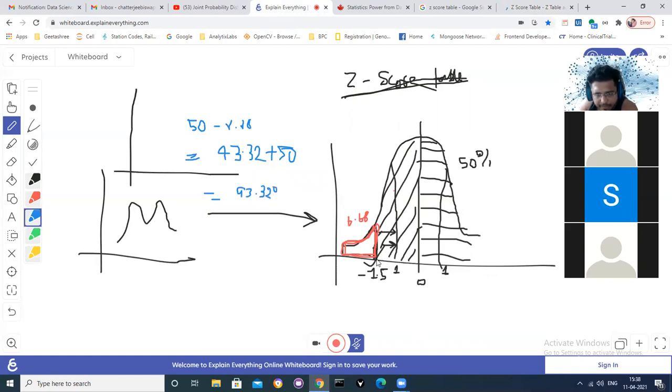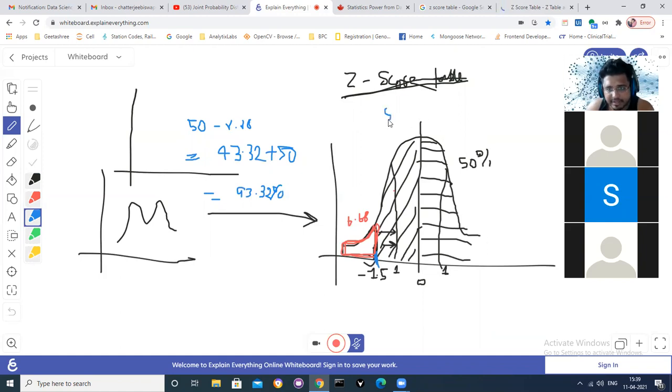So from this point, the entire shaded portion is actually 93.32% of the data. Okay, so this is the benefit of using the Z-score table. Now this was possible because I converted my random distribution into a standard normal distribution, SND.